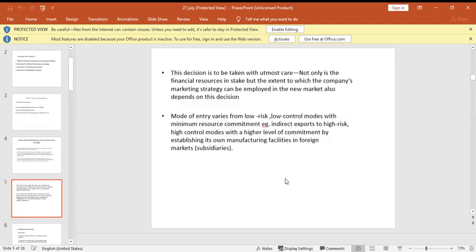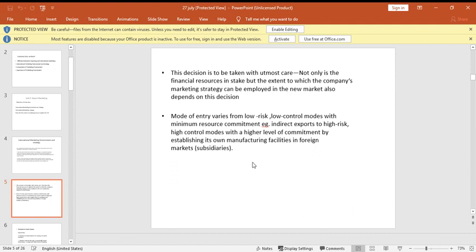This decision is to be taken with utmost care. Not only are financial resources at stake, but the extent to which the company's marketing strategy can be employed in a new market also depends on this decision.